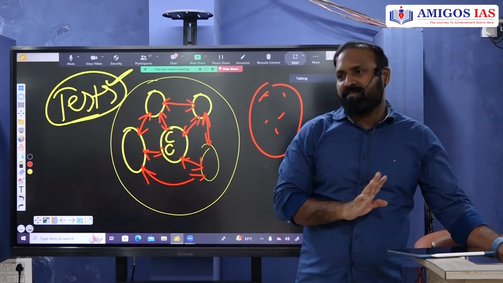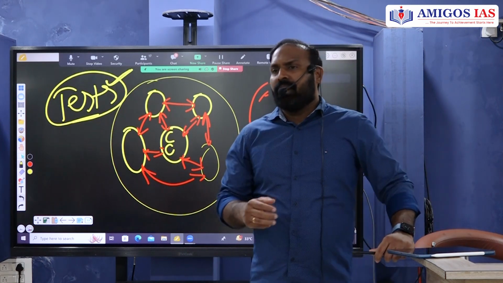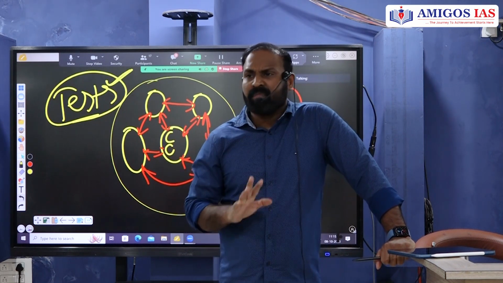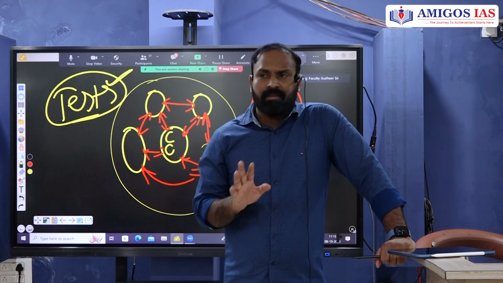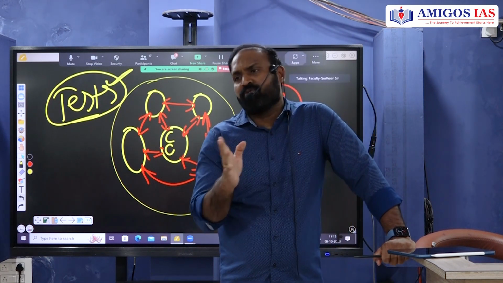Wherever you find some difficulties, I'll be making some short videos to give you conceptual clarity. And particularly, as I said, in paper 2, I'll be lifting content from several sources.